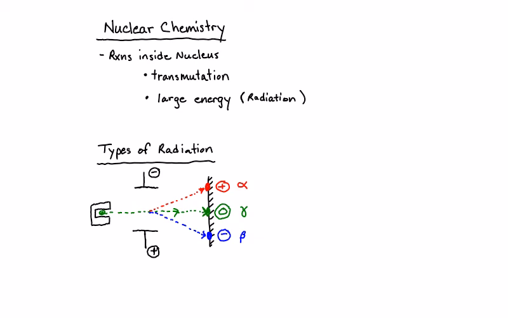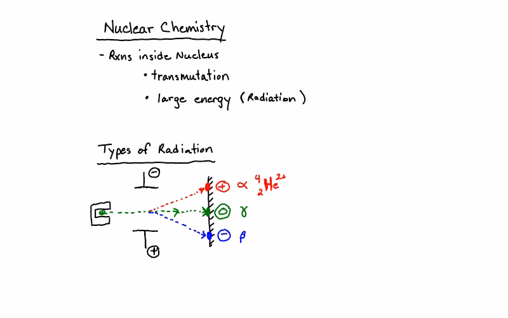Now, it turns out that what these three different types of radiation actually are, well, in terms of the positively charged alpha particles, these are actually helium nuclei. Okay, so there are no electrons on there, and if you remember the system that we taught earlier in the semester, we can figure out the mass and atomic numbers here, and we see that helium is going to have 2 protons and a mass number of 4, which means it has 2 neutrons.